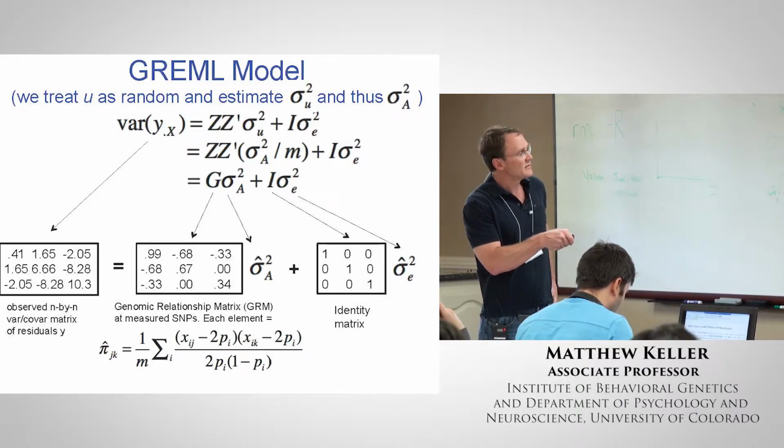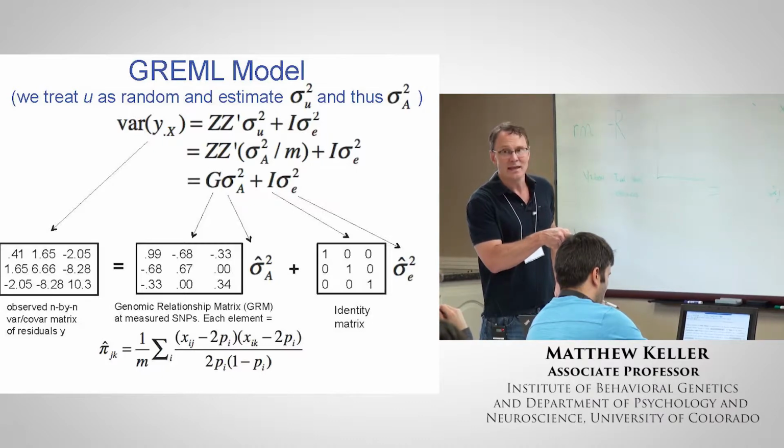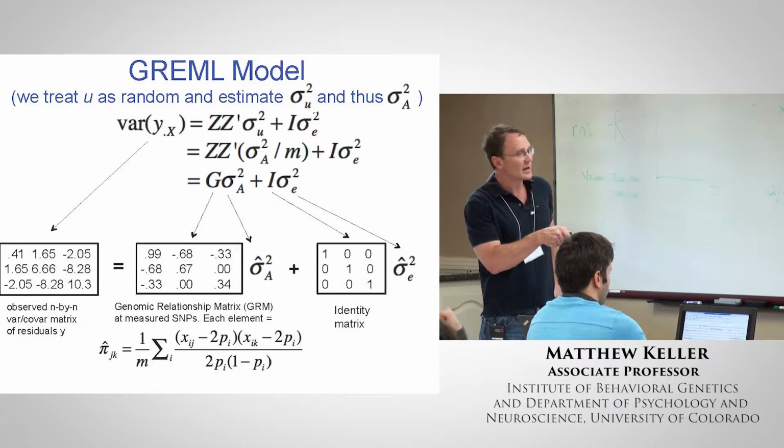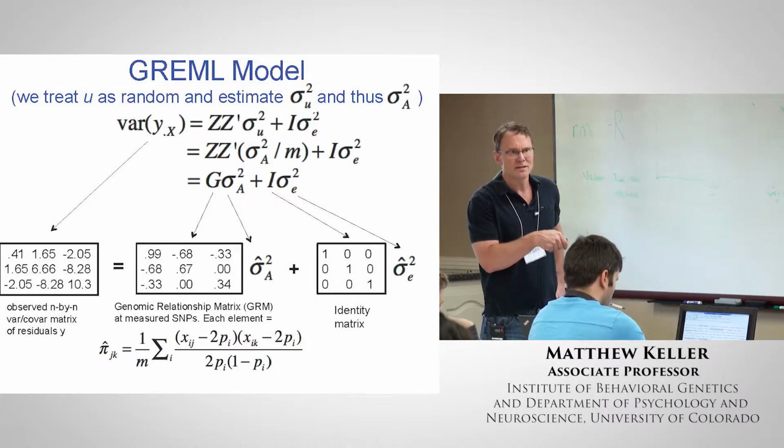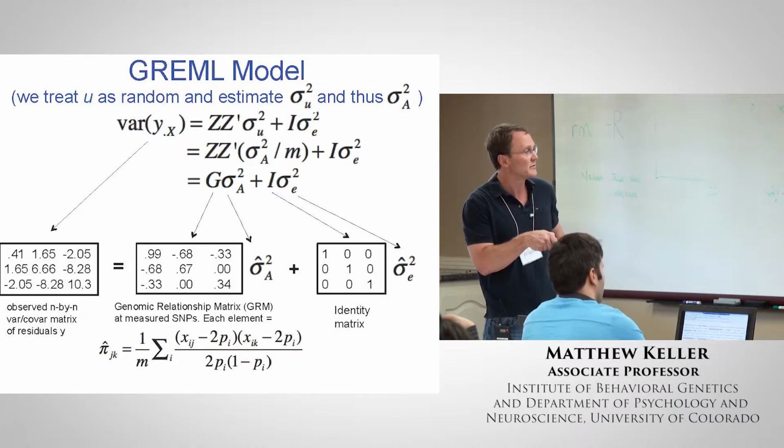You take ZZ prime, the outer product, times the variance of U. Well, we know that the variance of U is just the variance of A divided by M, by virtue of the variance of A being equal to sigma squared U times M. So if we take that M outside, we take ZZ prime, which is the sum of cross products matrix, and divide it by M, which gives us a variance covariance matrix, or because these are Z scores of genetic scores, a correlation matrix of genetic values. So we take ZZ prime over M and we call that G.